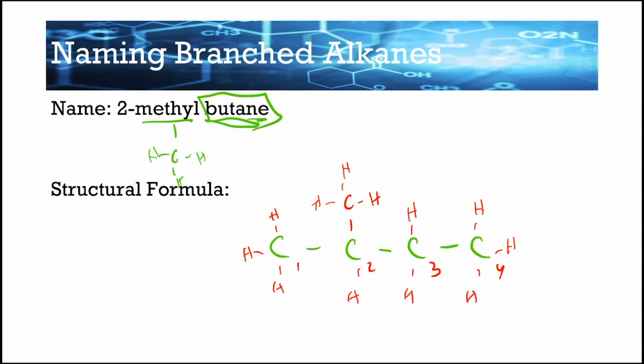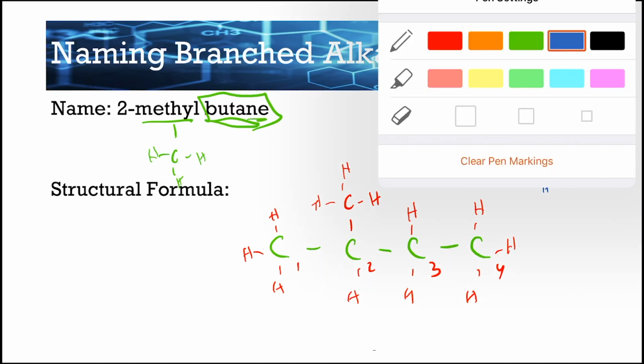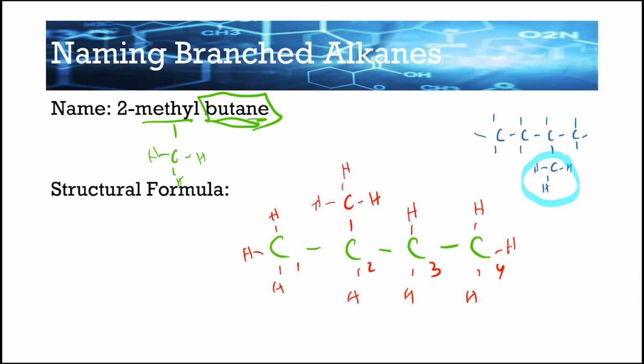Now, this is the same thing as if I wrote it like this, 1, 2, 3, 4, drawing it like that. So here, it technically looks like this branch is on carbon number 3. But remember, we can label them left to right or right to left. Both of these things are the exact same thing.